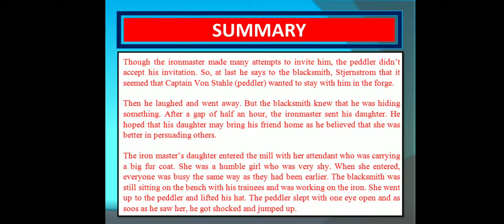When she entered, everyone was busy the same way as they had been earlier. The blacksmith was still sitting on the bench with his trainees and was working on the iron. She went directly to the peddler and lifted his hat. The peddler had a habit of sleeping with one eye open, and as soon as he saw her, he got shocked and jumped up.